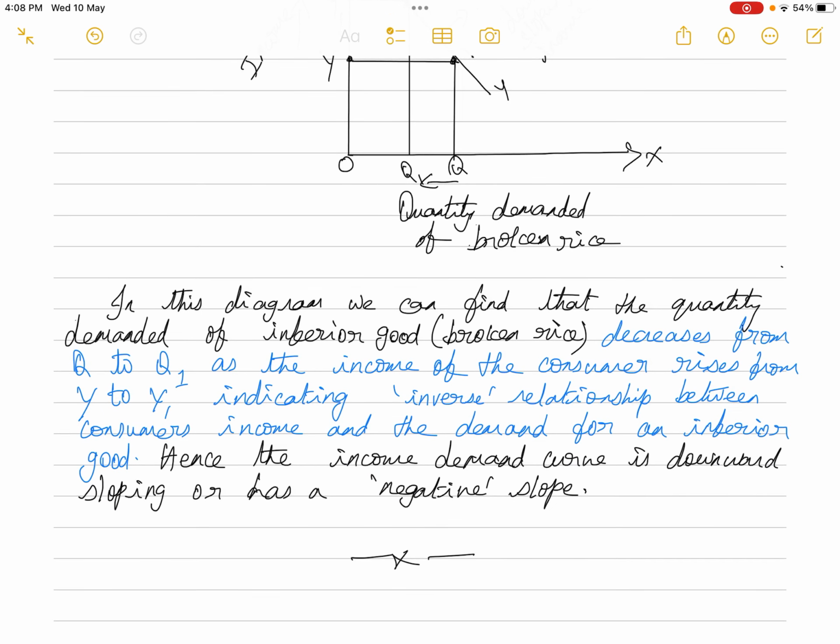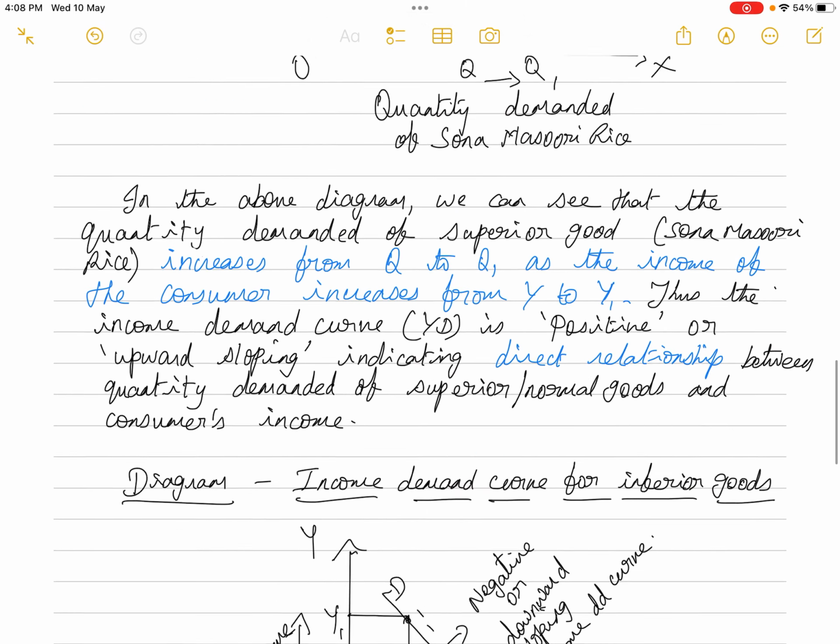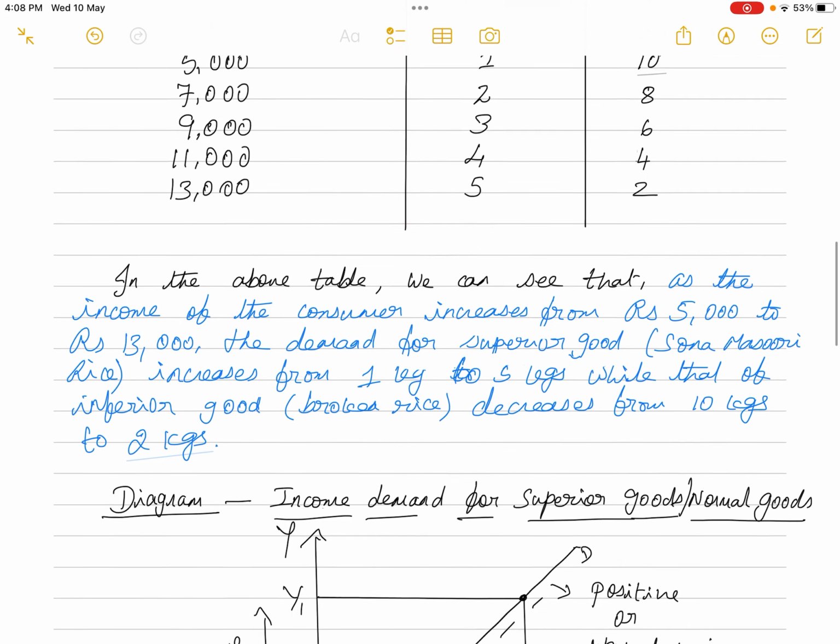Okay, so as the income of the consumer rises from Y to Y1, the quantity demanded falls, indicating an inverse relationship between consumer's income and the quantity demanded for an inferior good. Hence the income demand curve is downward sloping or has a negative slope. Okay, this is a 5 marks answer.